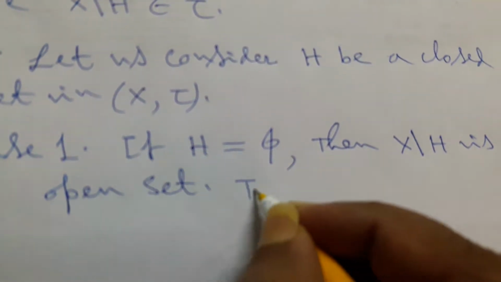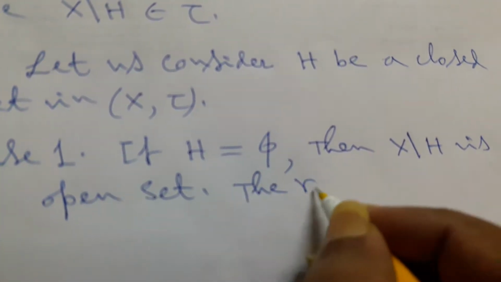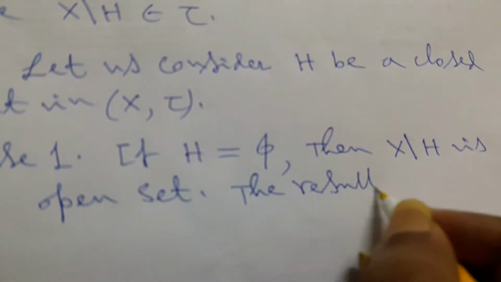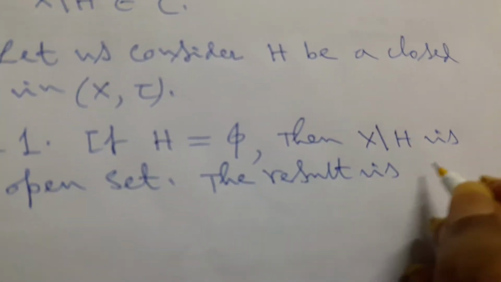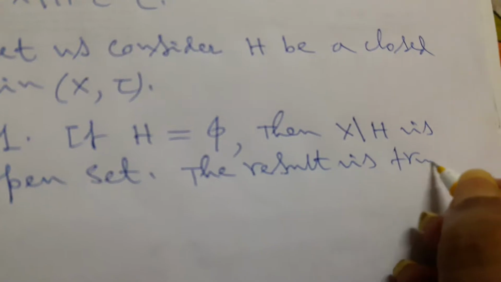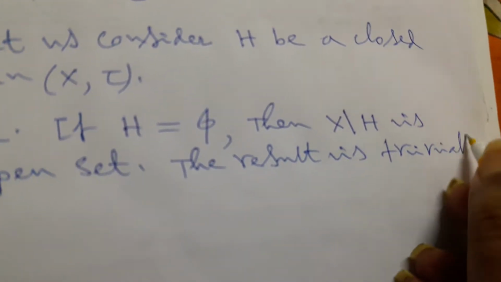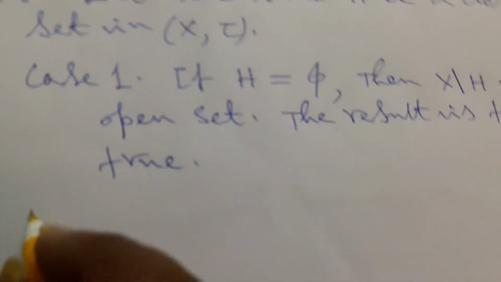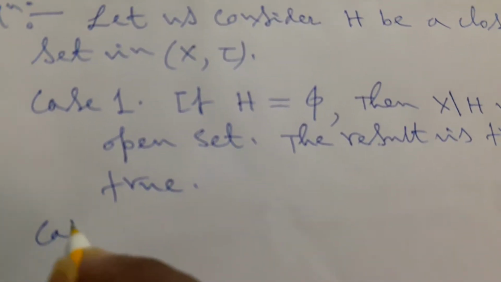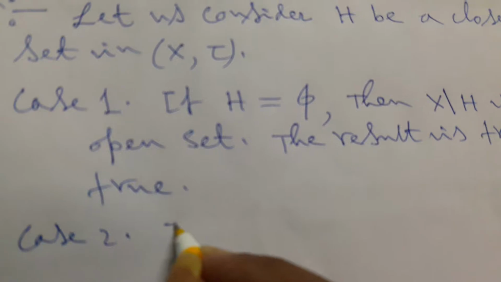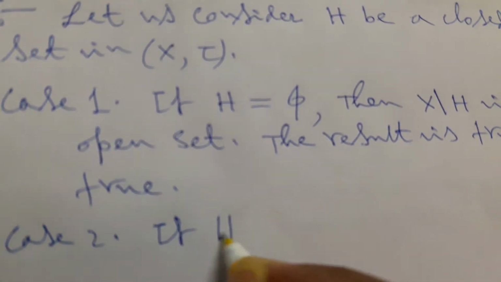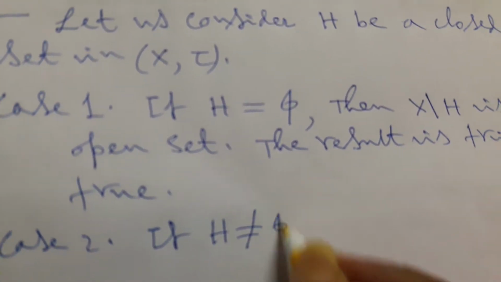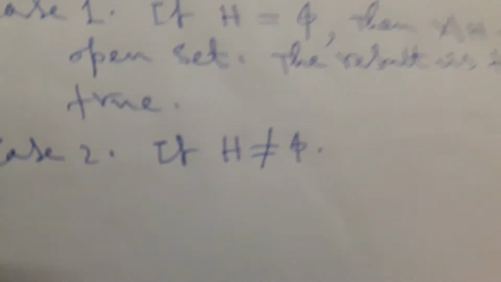So the result is trivially true. Now case 2: if H is not equal to phi, that means H is a non-empty set.